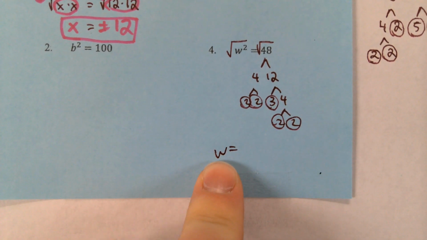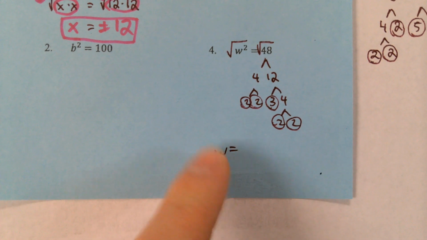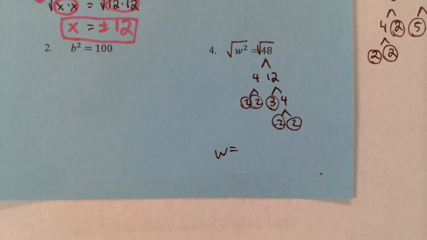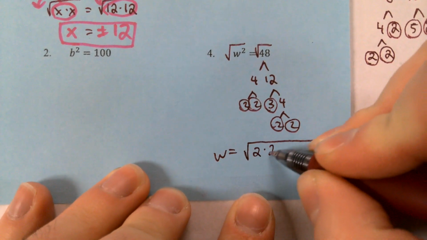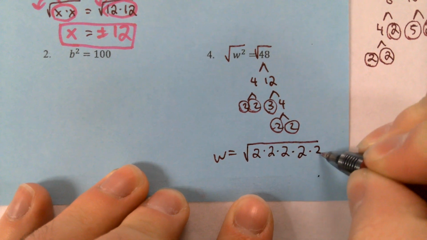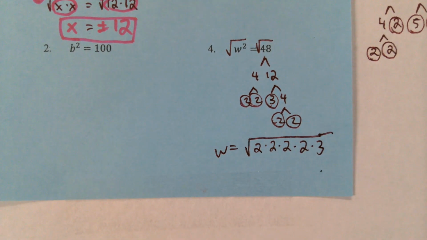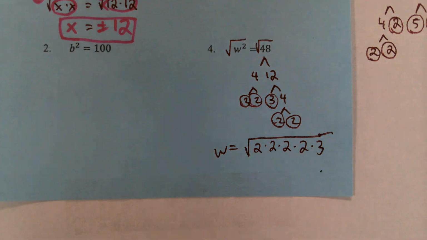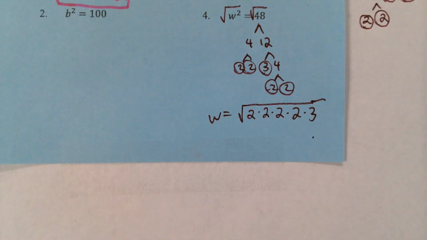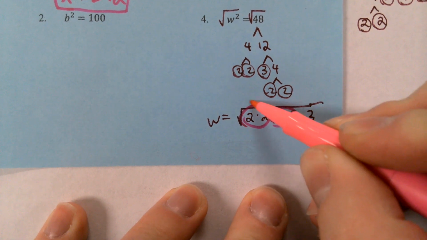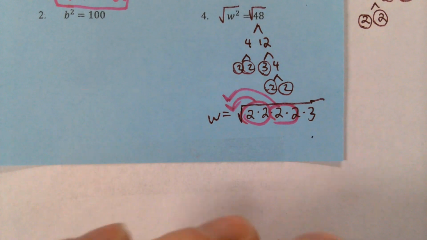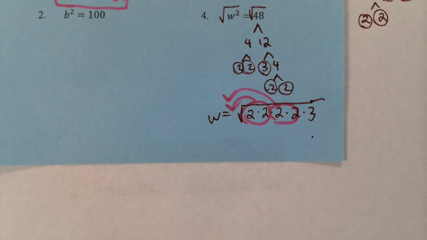So our W clears out. We get rid of that exponent because the exponent and our square root sign cancel each other out. And we're left with the square root of 2 times 2 times 2 times 2 times 3. Any identical pairs we can pull out here? Yeah, we got 2 pairs of 2s. We're going to bring those both out and do what with them in front?